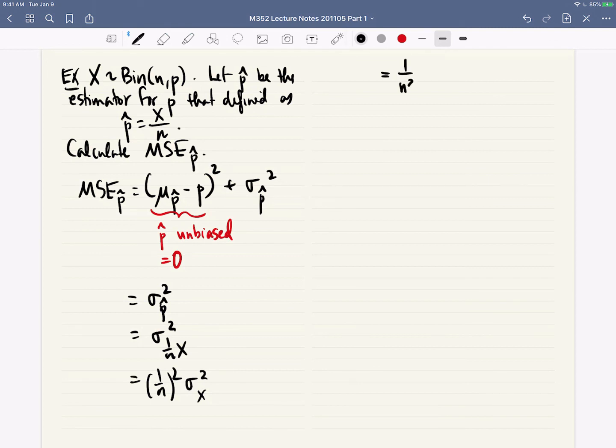We've got 1 over n squared, and the variance of a binomial random variable is n times p times 1 minus p. So that n will cancel with one of those n's, and we end up with p times 1 minus p over n. So there's the mean squared error for this particular estimator of a population proportion.